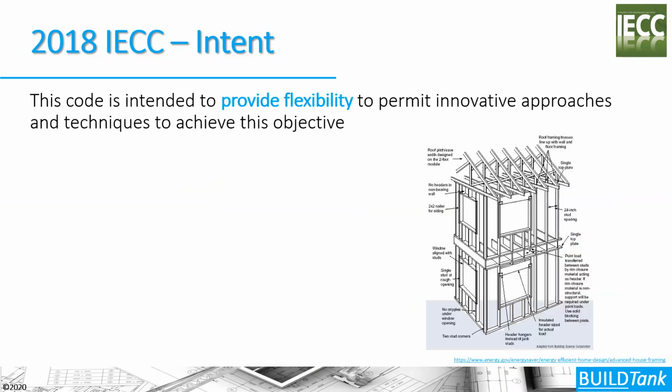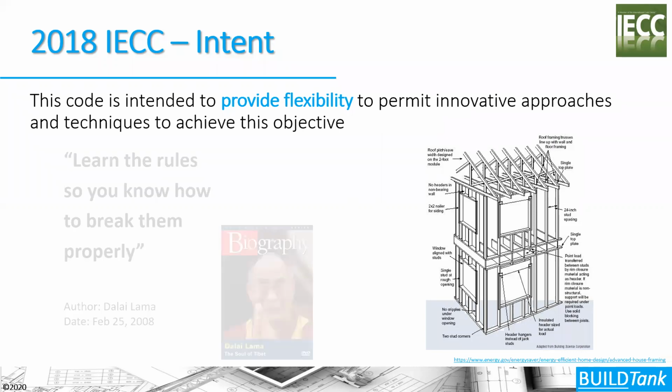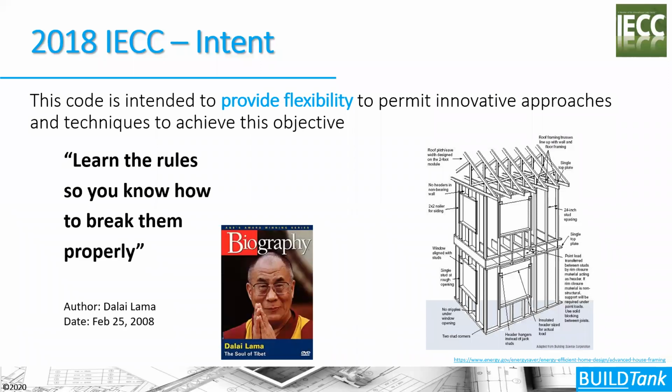The second part of the intent statement says that this code is intended to provide flexibility to permit innovative approaches and techniques to achieve this objective. So this is talking about finding the flexibility in the code. And how do we find flexibility in the code? We really need to spend time with the code book and understand the code book and kind of learn from this statement from the Dalai Lama.